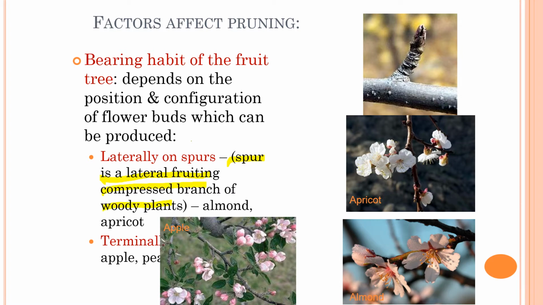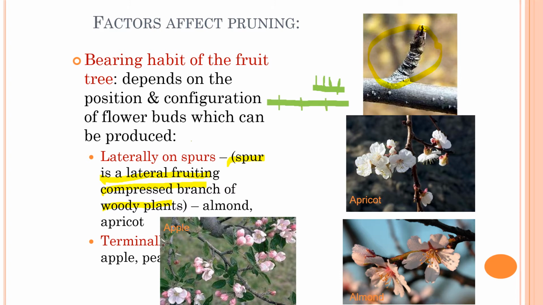So this is the spur. This spur is actually like a large shoot, but it is squeezed to become very small. You can imagine it is the same thing as a shoot, but the shoot is very long, and this one is very short with very short internodes.